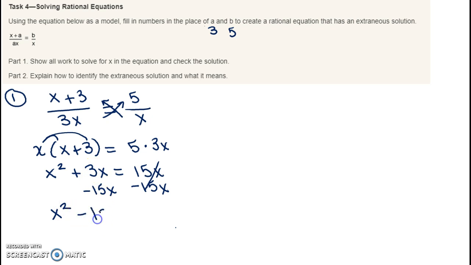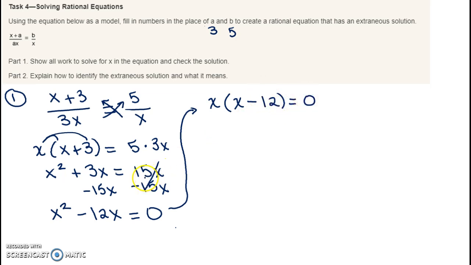So minus 12x equals 0. Okay, now from here, I want to solve for x, so I'm going to factor. So I'll just bring that up here. Factor out an x. When I take an x out of x squared, I just have x left. Minus sign. When I take an x out of 12x, I have 12.